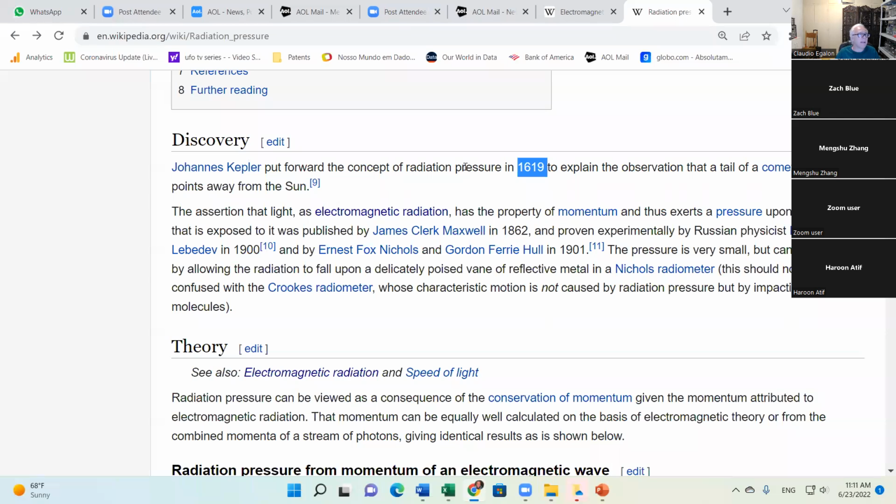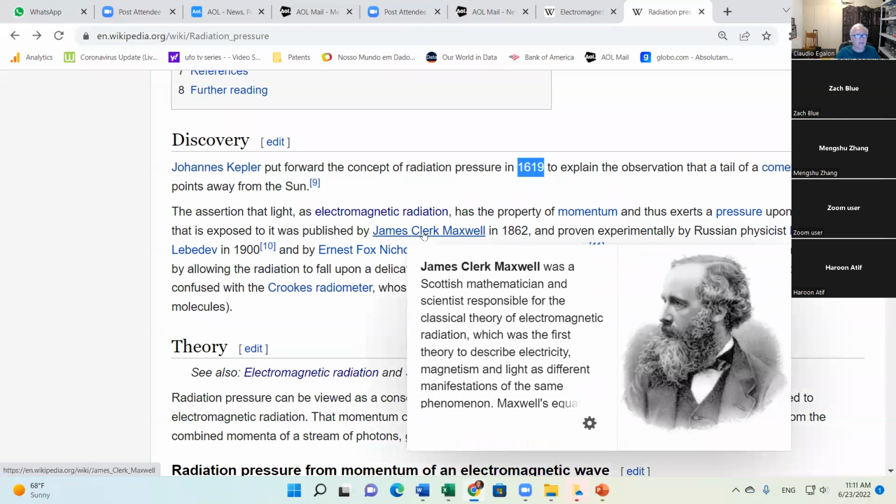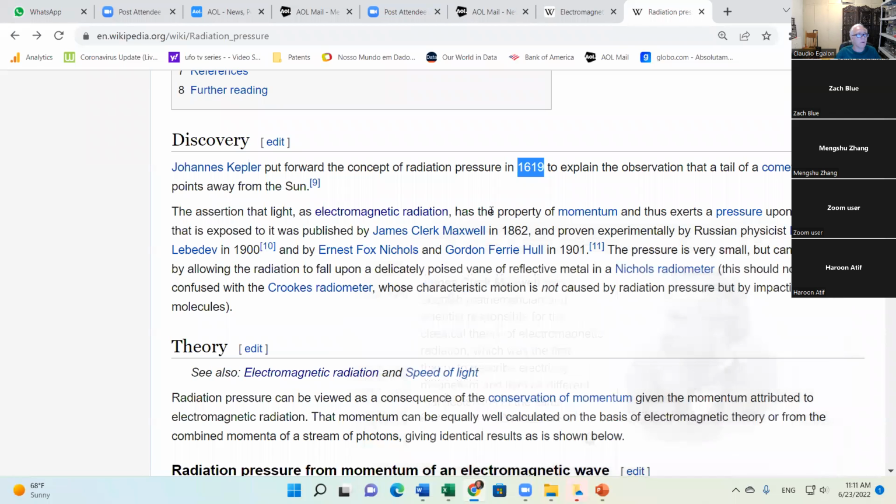He didn't prove it mathematically. Instead, it took 200 years for James Clerk Maxwell to assert that electromagnetic radiation has the property of momentum. And because it has momentum, it does exert pressure upon any surface that's exposed. Using his equations, he was able to prove that.